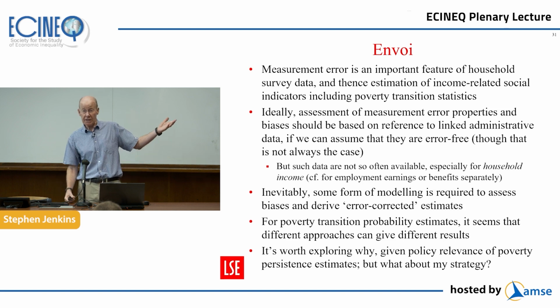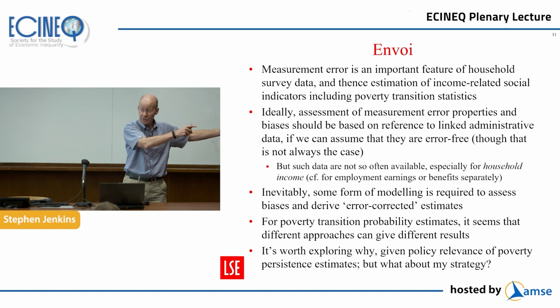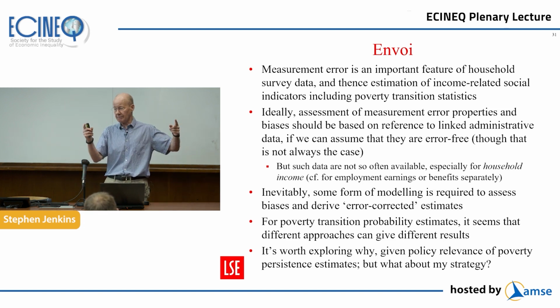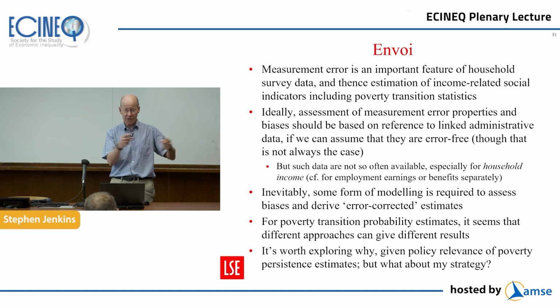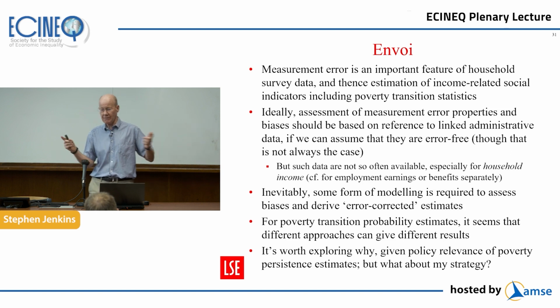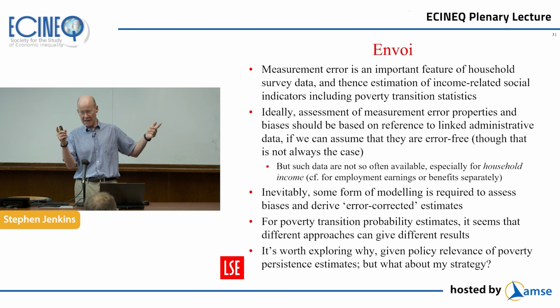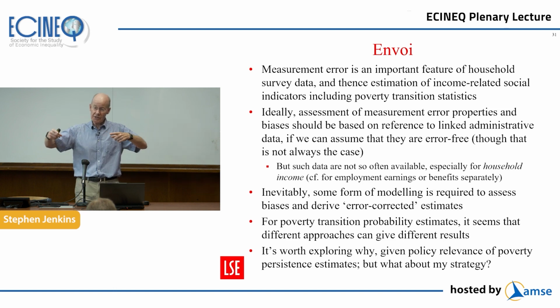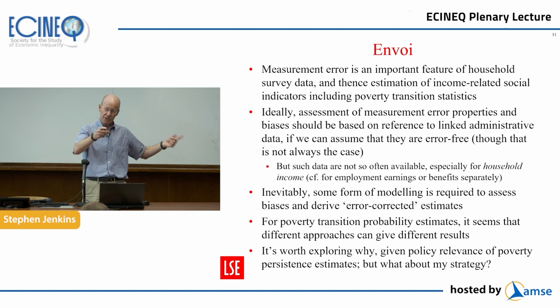But as we have seen before, a lot of the admin data that are available so far are either for employment earnings or they're for benefits. What they're not for is household income, where everything is added together. You have to be probably in some Nordic country, special case, where you're able to add everything together. But even then, part of the problem in the Nordic countries is many of them have gone entirely over to registers, and you wouldn't then be able to compare how the surveys are going.